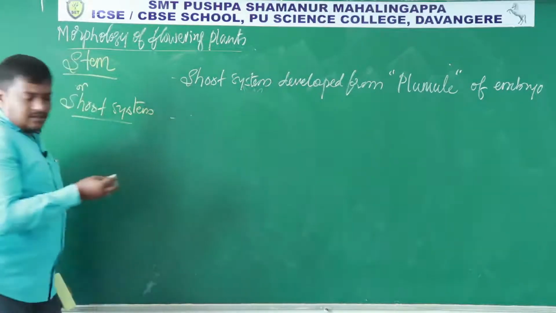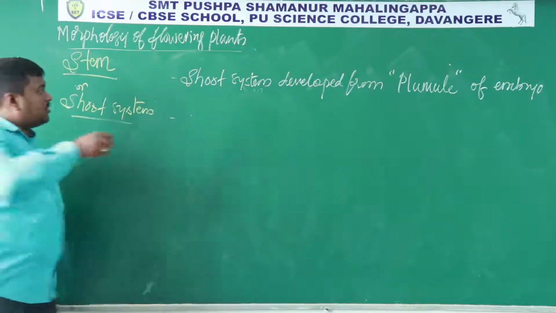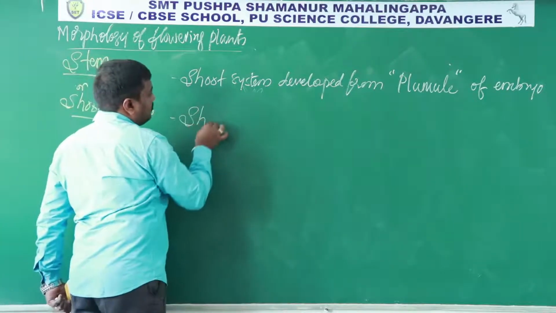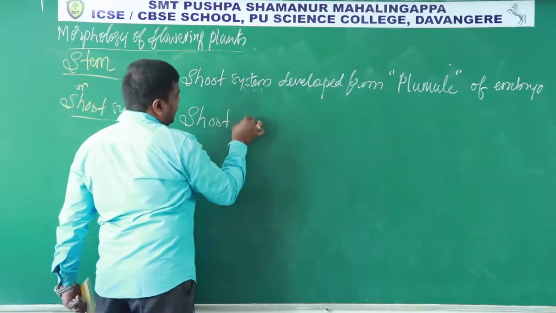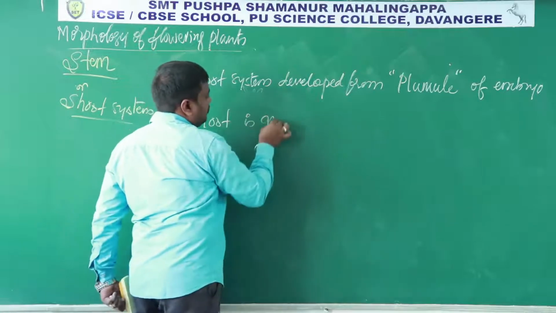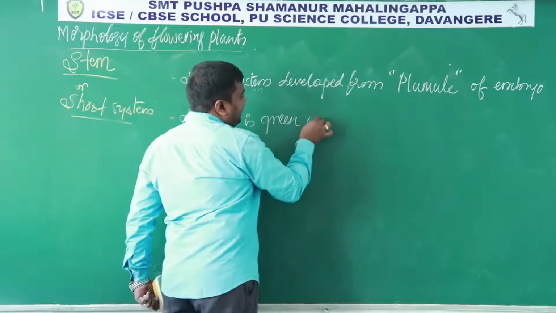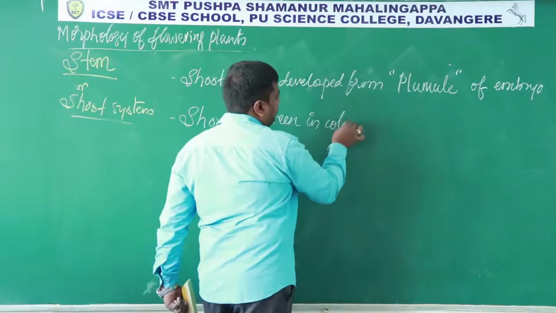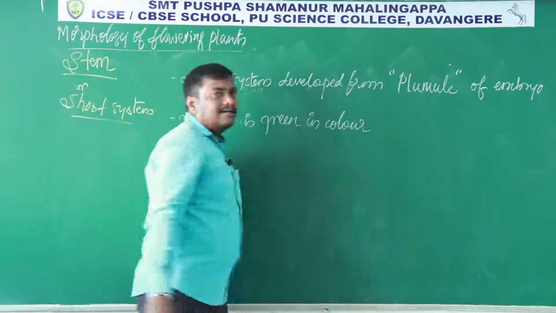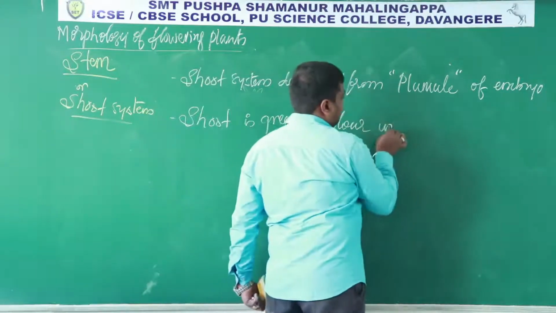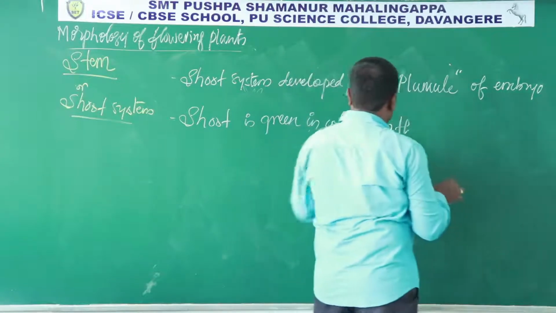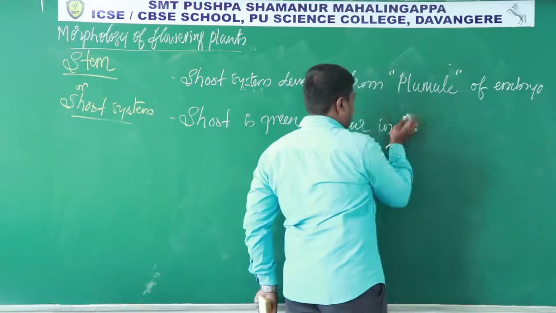So usually shoot is green in color in the early stage, green in color in the herbs we can say.